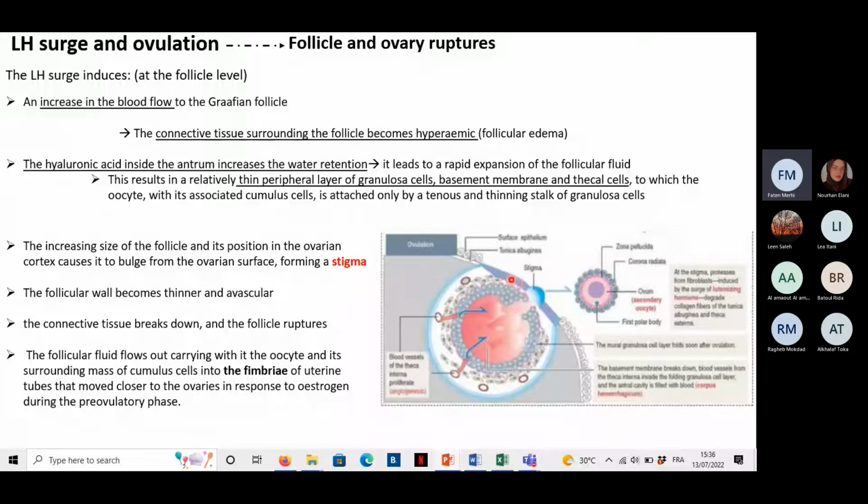The tunica albuginea is composed of connective tissue, so the connective tissue will break down, and also the connective tissue between the theca cells adjacent to the periphery, to the stigma, will be digested, and in fact this will help in the ovulation.